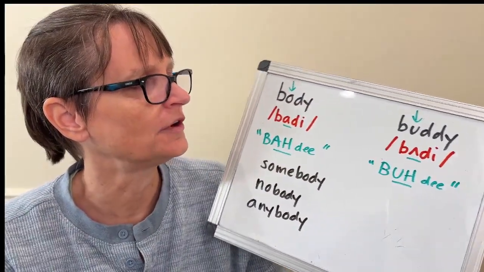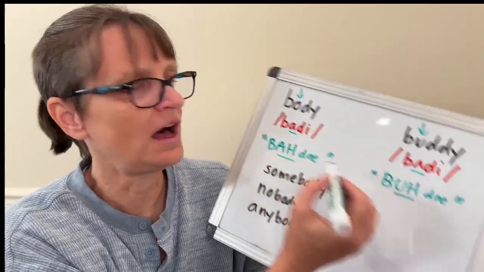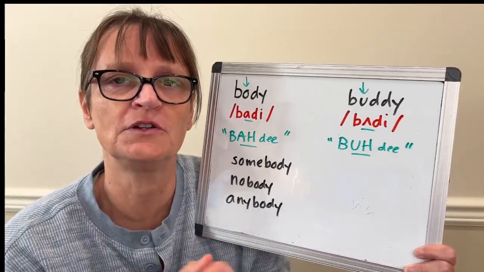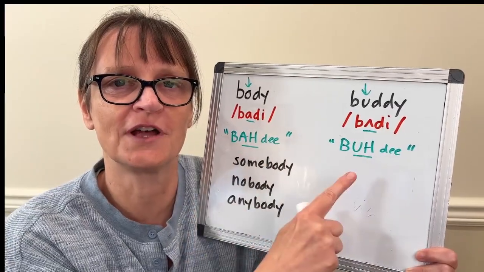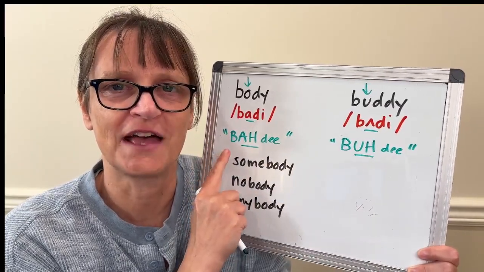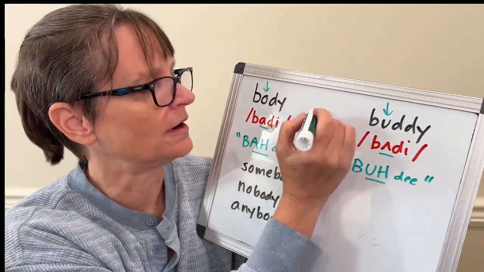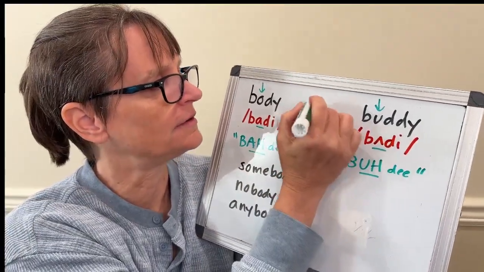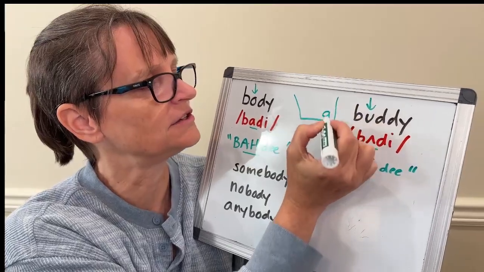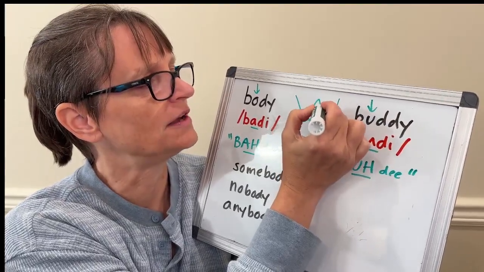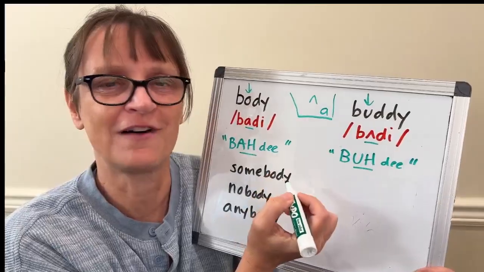So for a lot of people, the difference between the two vowels is difficult. You may tend towards using more of an ah sound in your words that should have a schwa. A lot of languages have an ah, so in American English, the ah is a little further back. The schwa is central. This is the vowel chart.